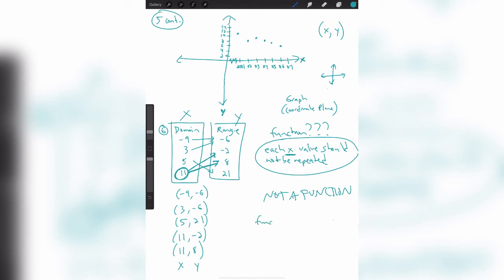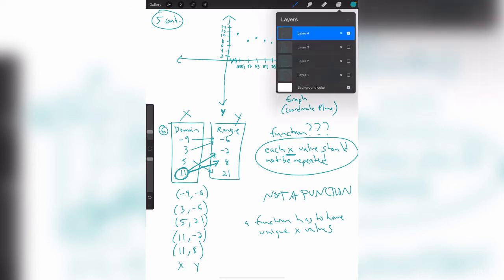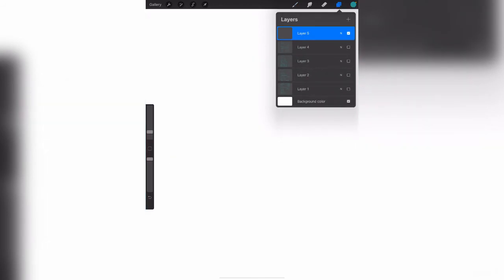So I'll say a function has to have unique x values. They can't be repeated. All right, and we're going to move on to our next example. Number 7. All right, and number 7, we have 3, we have 5, we have 6, and we have 8, as well as we have -6, -2, 15, and 21.